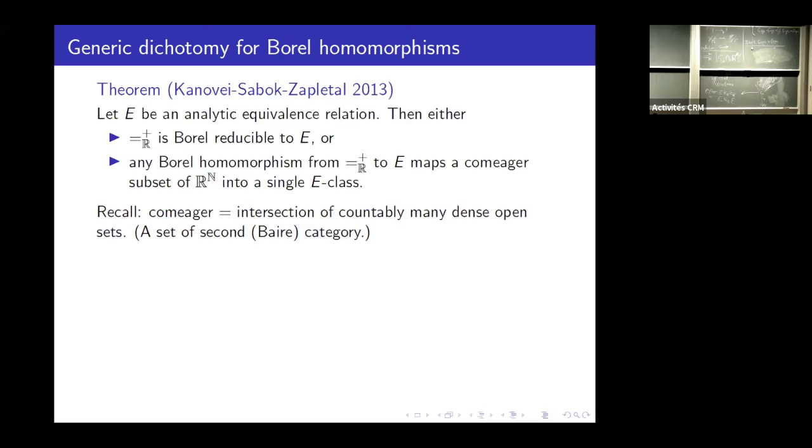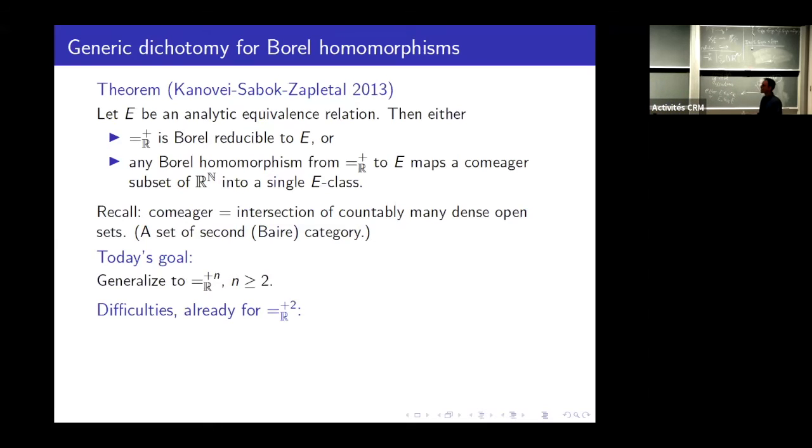This is a very common tool in the context of Polish spaces, using Baire category techniques instead of measure theoretic techniques, and that appears here. Again, the conclusion is that any comeager set will include many different classes of equality plus, but they're all collapsed by this homomorphism to a single E-class.